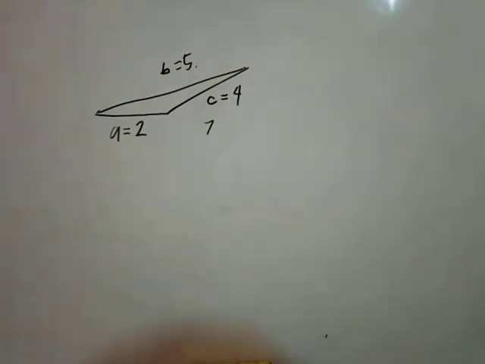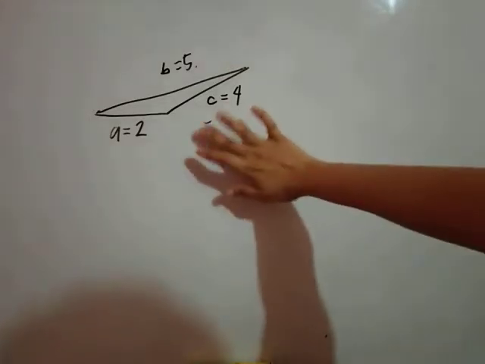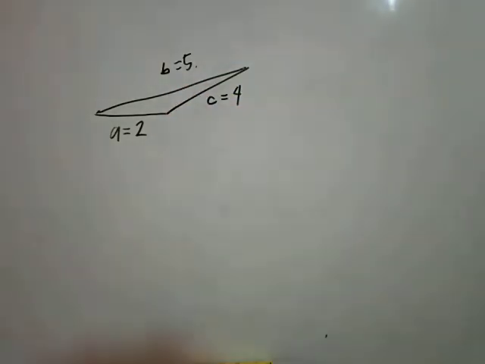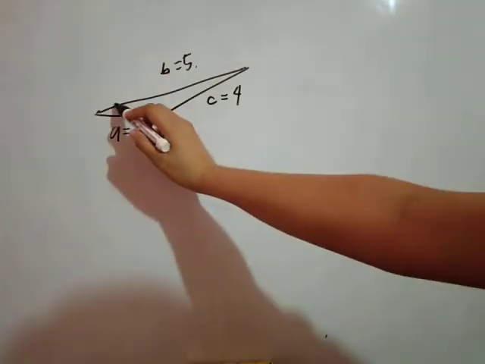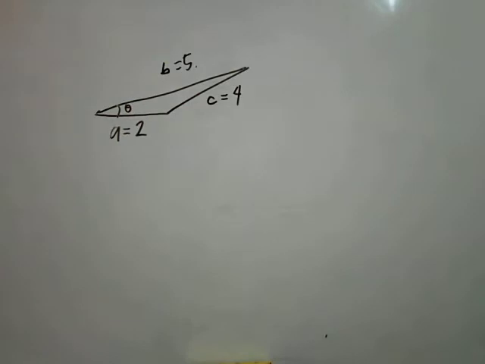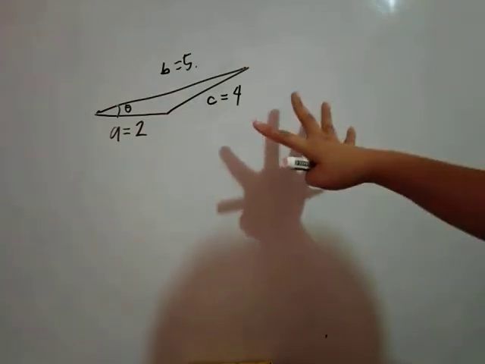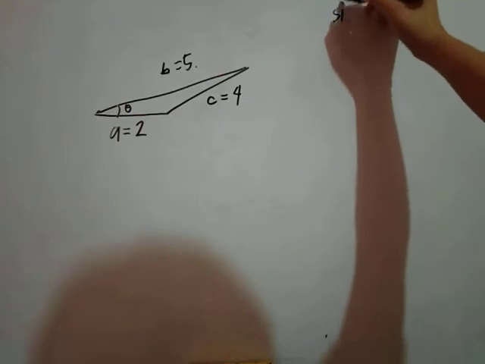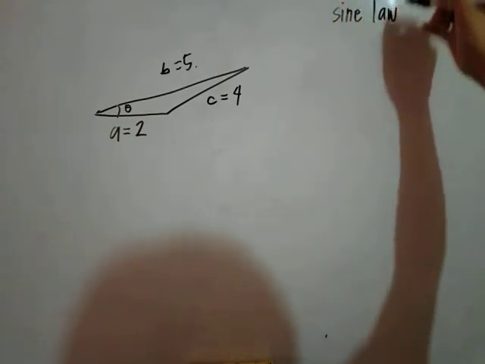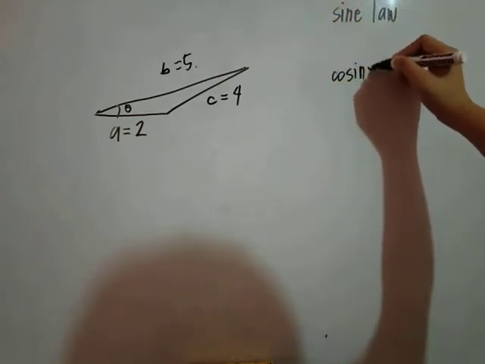So, paano naman ito? Halimbawa, meron na tayong given na tatlong side. Gusto nating malaman yung angle dito. Para malaman yung angle dyan, ano na yung applicable formula natin? Sa concept ng trigonometry, kapag hindi na involve yung right triangle, we are going to use the sine law, or pwede rin naman si cosine law.